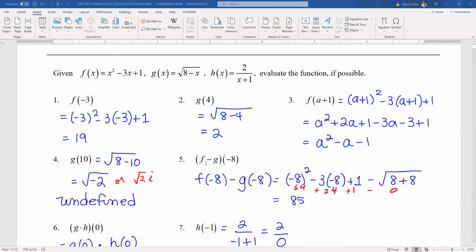Here we have f minus g of -8. So we're taking the f equation, and we're replacing all of its values with -8, gives you 64, gives you 24, gives you 1, and then minus the g equation. So we replace the x with -8, and we get 16.